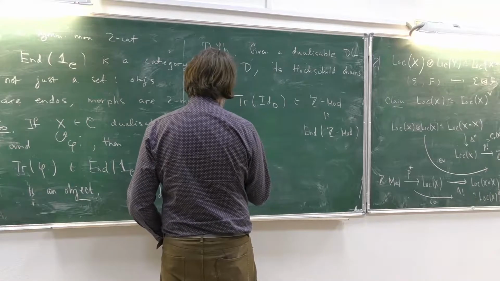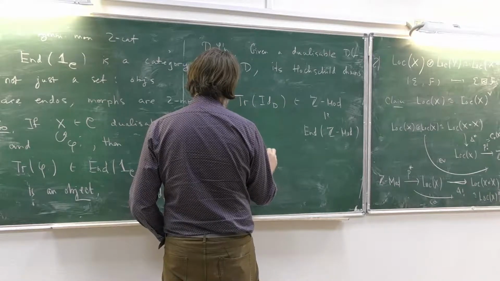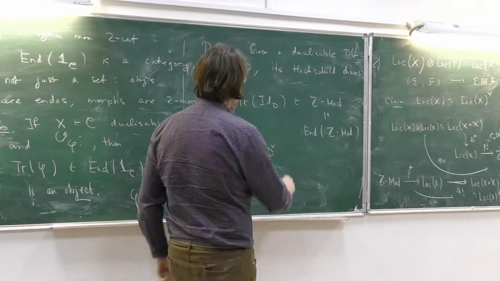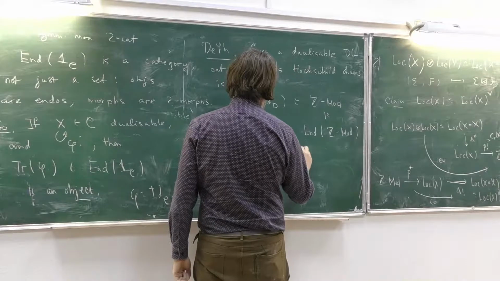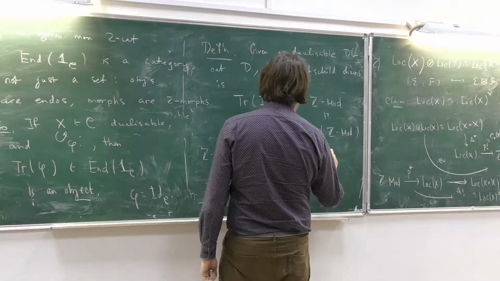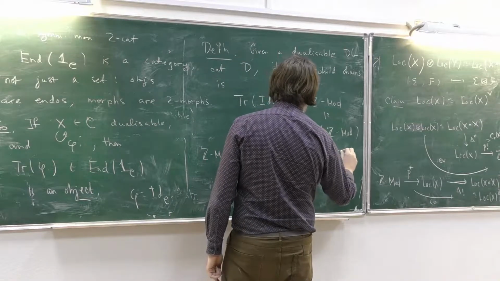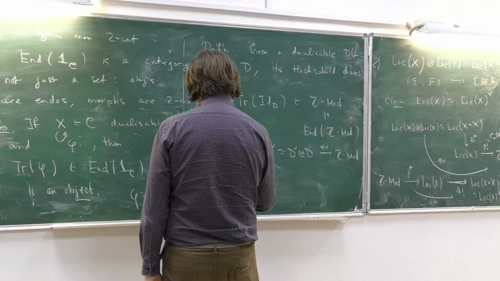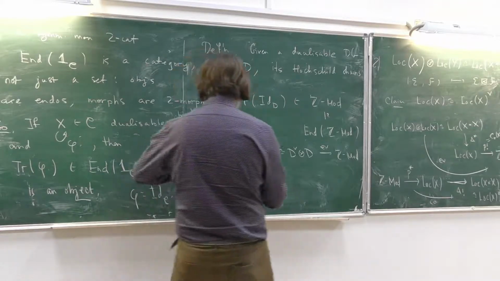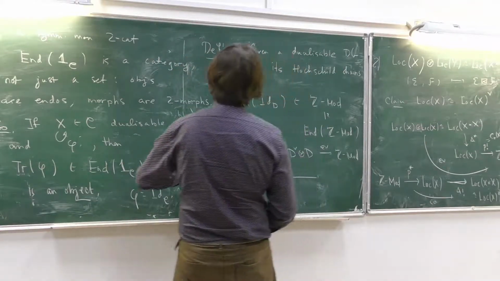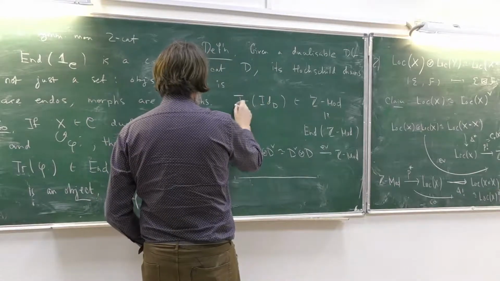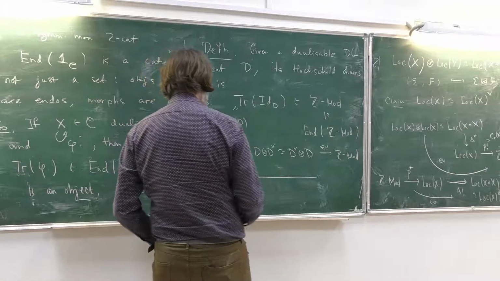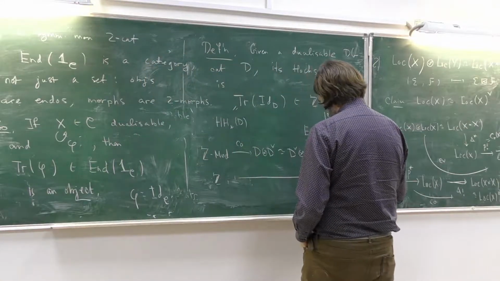I have this co-evaluation. If I had some non-trivial phi, I'd have to put it in here, but I don't. And then evaluation. And so this continuous functor is determined by what it does to Z, and by definition, it's this thing. So I'm going to write this as the image under this.